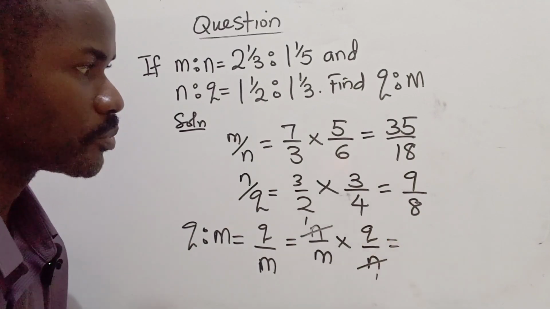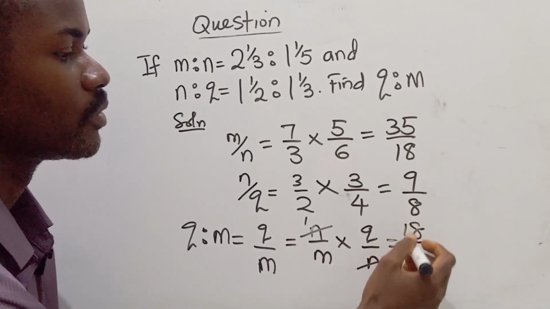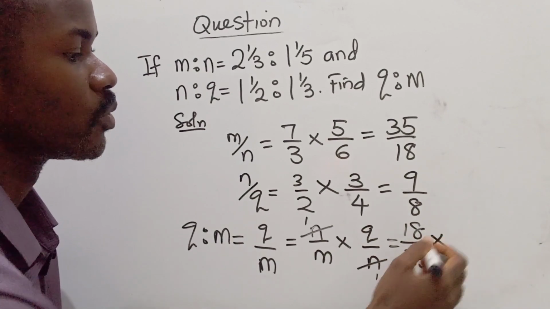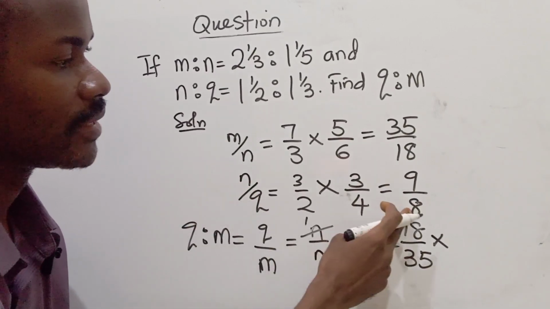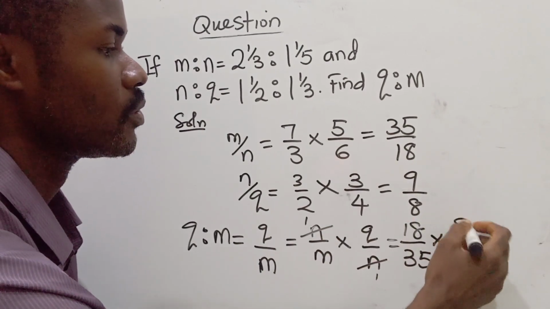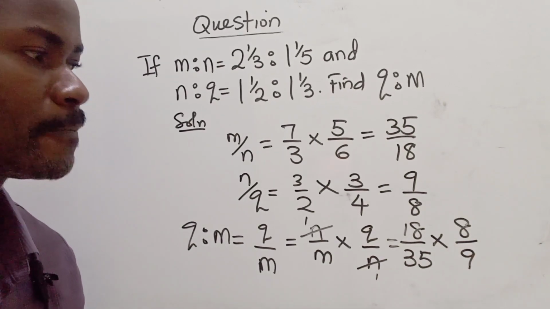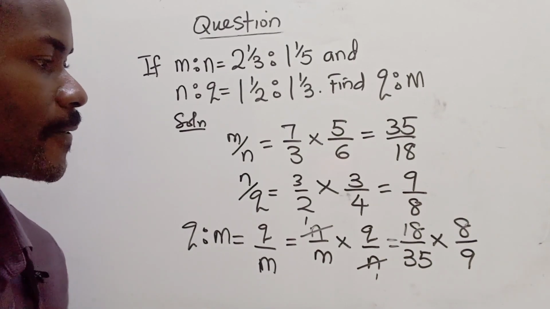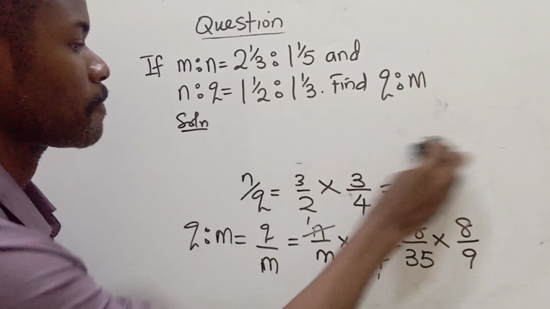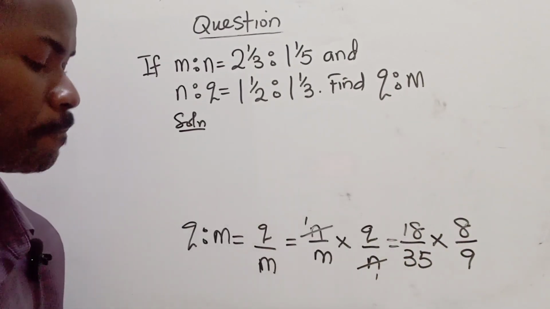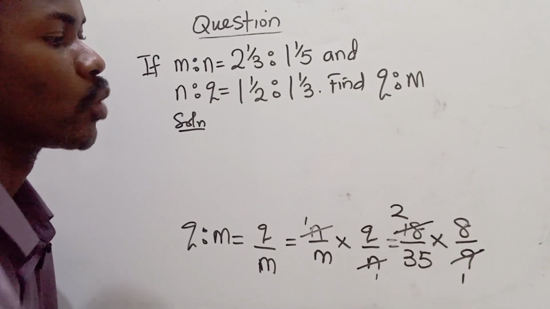So let's do that. If I reciprocate this, that means 18 goes up, so I have 18 divided by 35 times, now if we reciprocate this, q goes up, n comes down, so 8 goes up and 9 comes down. Alright? So from that, we can now solve further. I can see that 9 can go into this 2 times, this is 1.